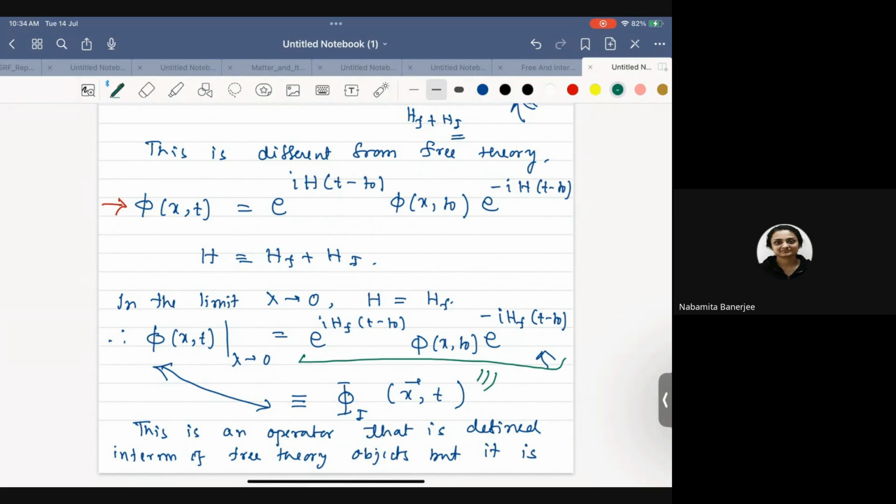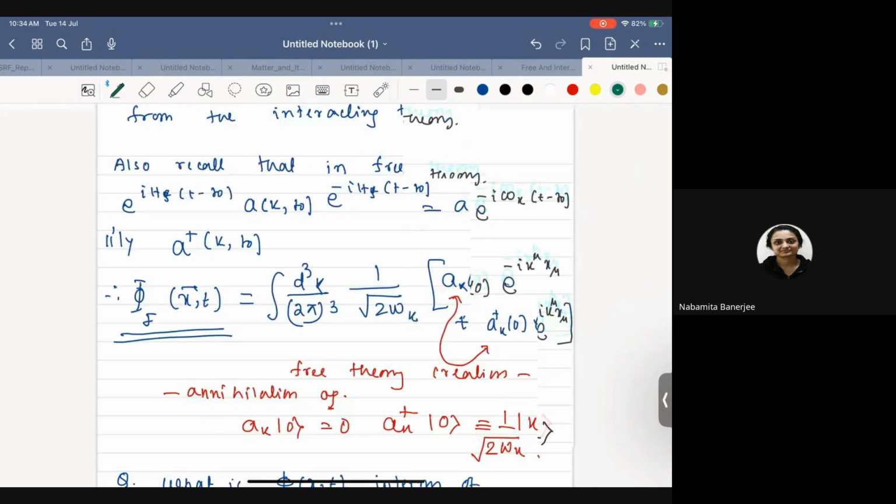If this is so, then I can write phi(x, t naught) in terms of phi I(x, t). Let me do that.